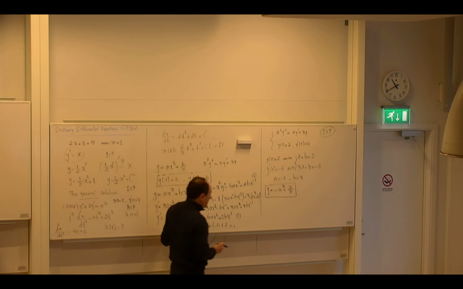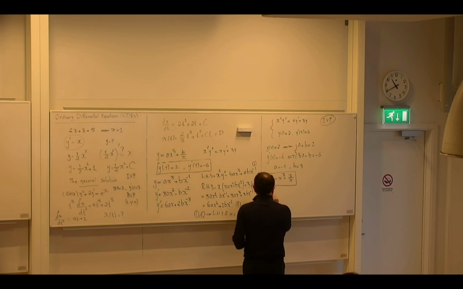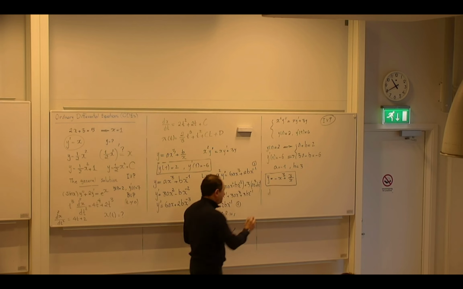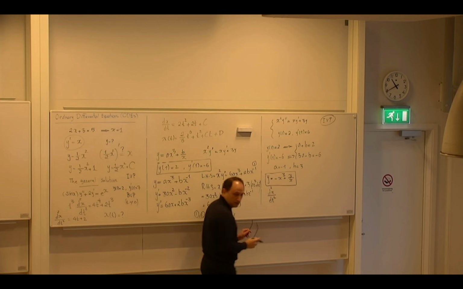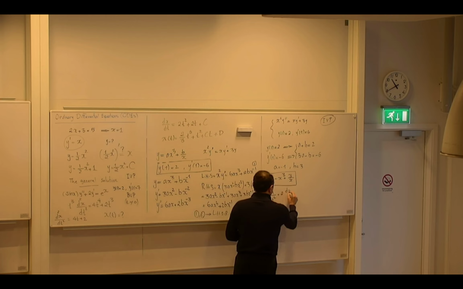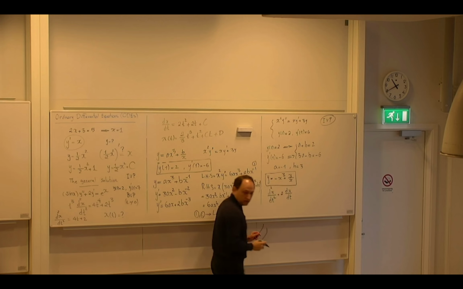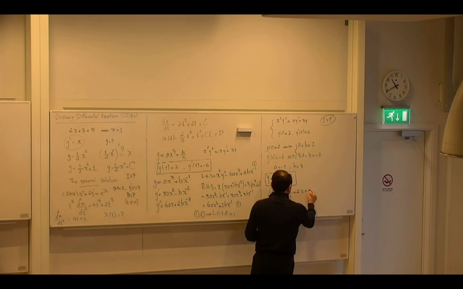So example number 6. I have given you a differential equation: the second derivative d2x/dt2, plus 2 dx/dt, plus 2x equals 0.